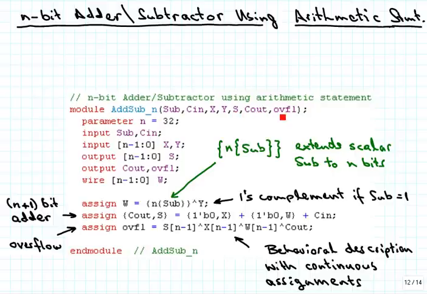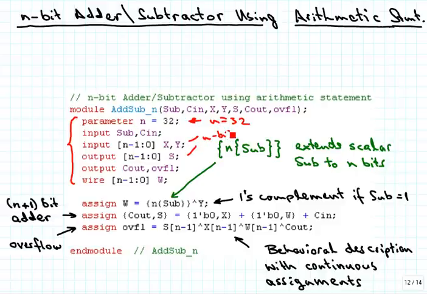So we have the usual description of our inputs and outputs and the parameter n equal to 32, so that we can set this to whatever number we would like to. We have n-bit quantities here.